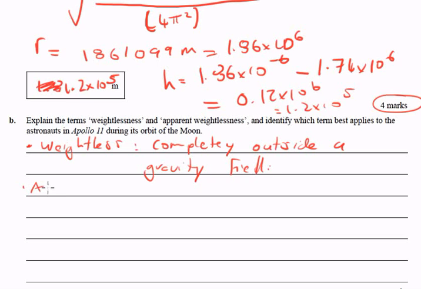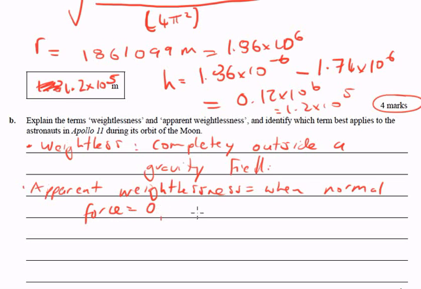And apparent weightlessness is when the normal force equals 0, but the gravity force is still present.